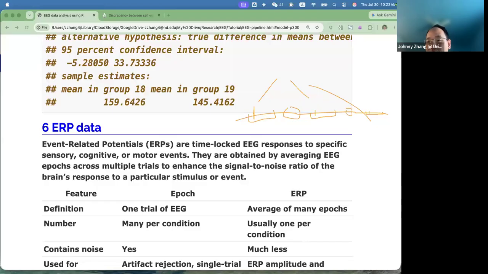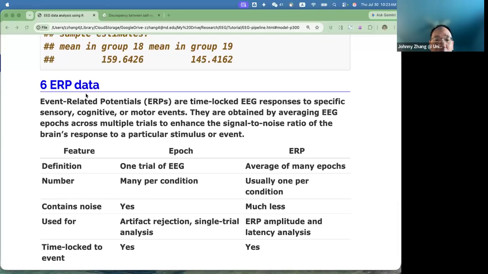So we average that out for these other types of images. Therefore, we would average them, get the averaged epoch data, and then we would have ERP data.